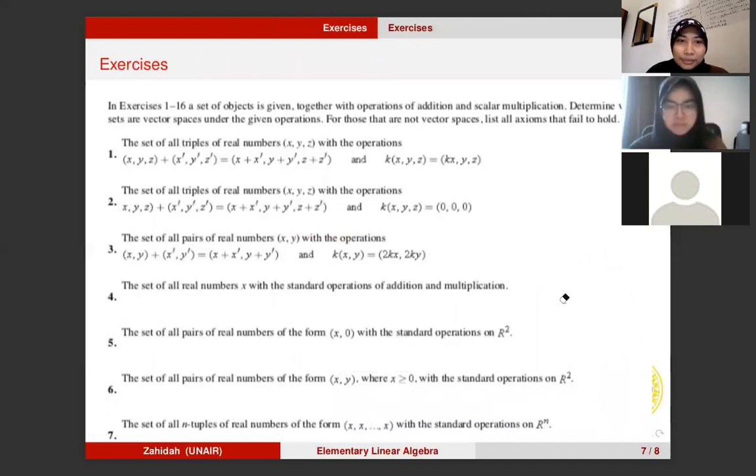I have this exercise, taken from the textbook.